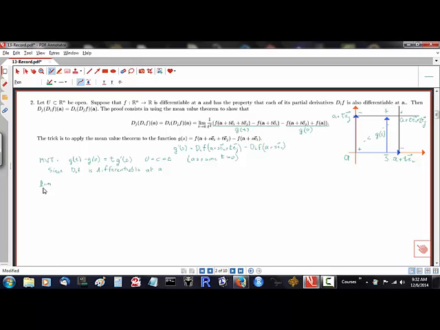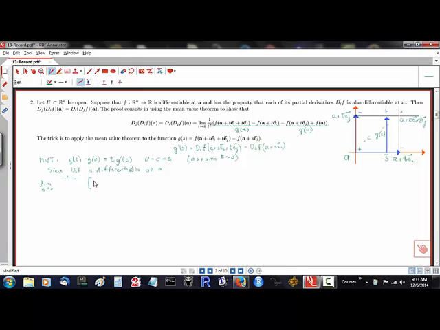We take the limit as t approaches 0 of 1 over the length of the increment. Let's figure out what that is.